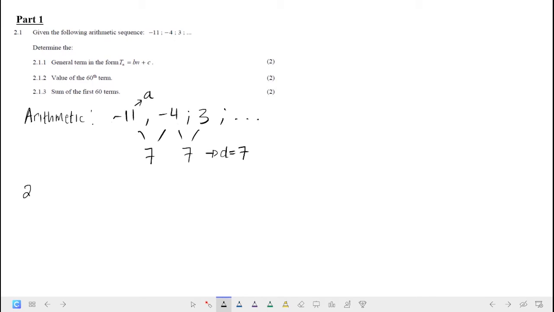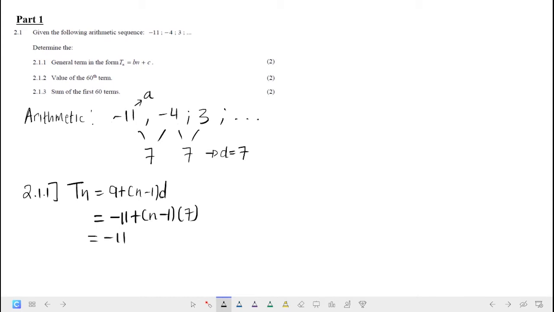The first question, 2.1.1, says find the general term in the form Tn equals Bn plus C. We know that this is an arithmetic sequence, so the general formula is A plus (n minus 1)d. So we're going to substitute the value for A and also the value for D. And then what do we do after this?